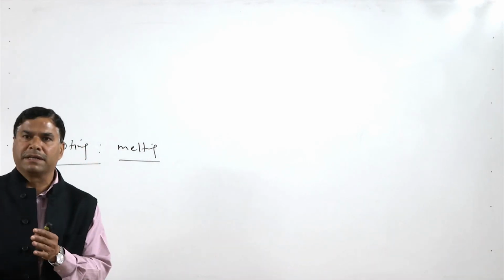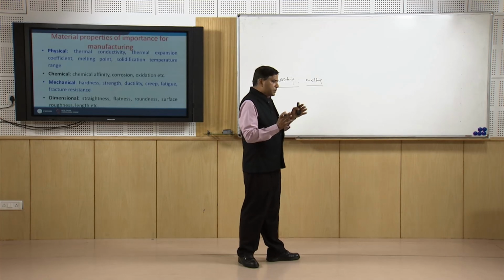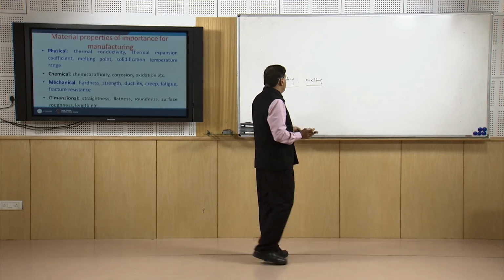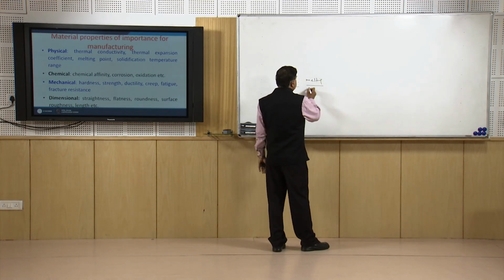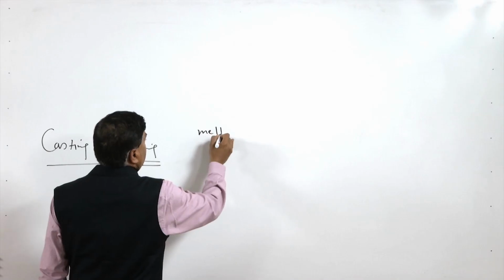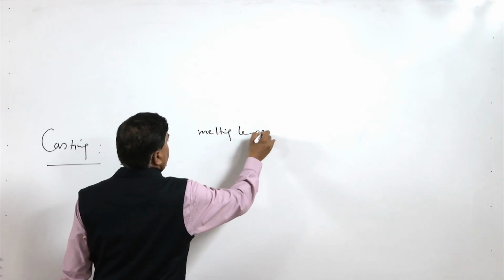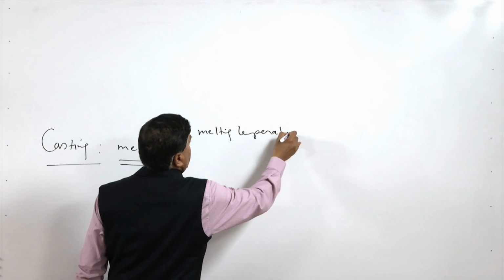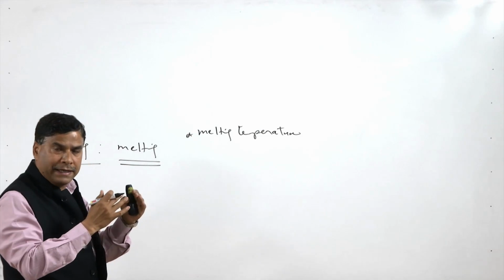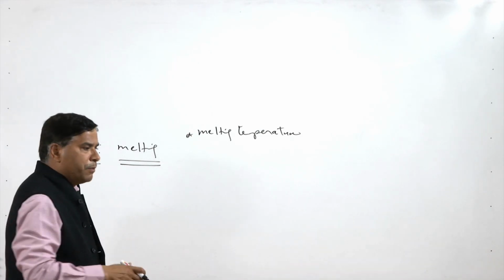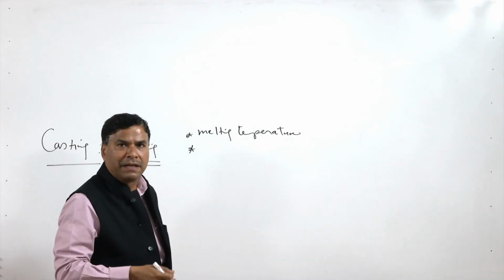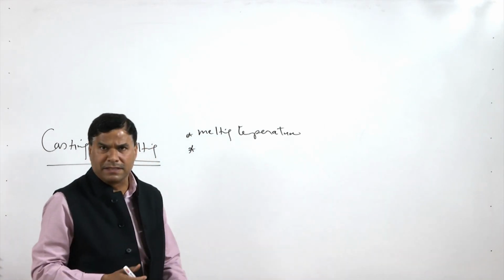So, shrinkage will take place, and after solidification we get the product. The thing that matters for the casting process is the melting temperature of the material being processed. The higher the melting temperature, the greater the difficulty in bringing it to the molten state, so more casting difficulties. Low melting point metals like aluminum and magnesium are easier to process, and cast iron is easier to process as compared to the steels.